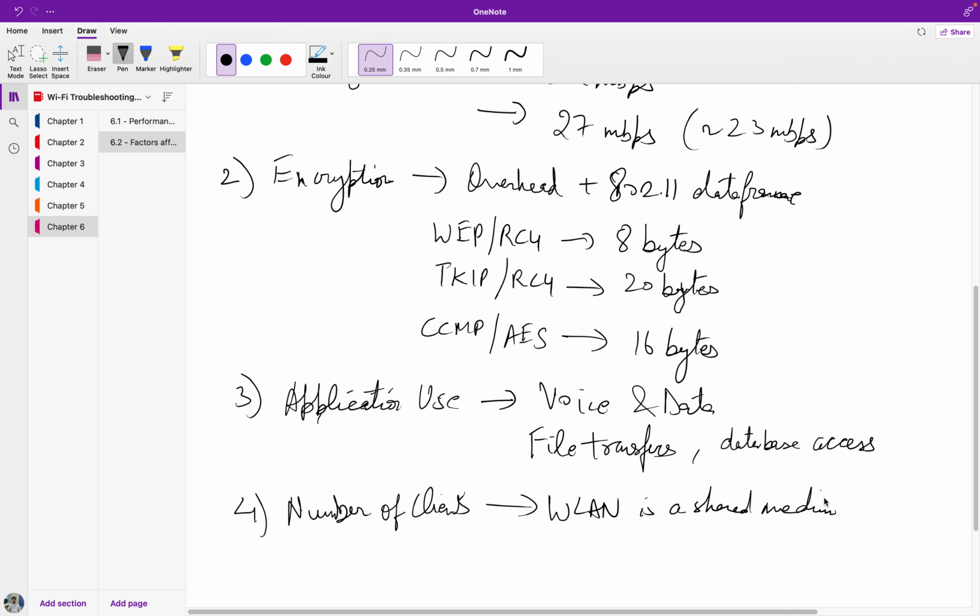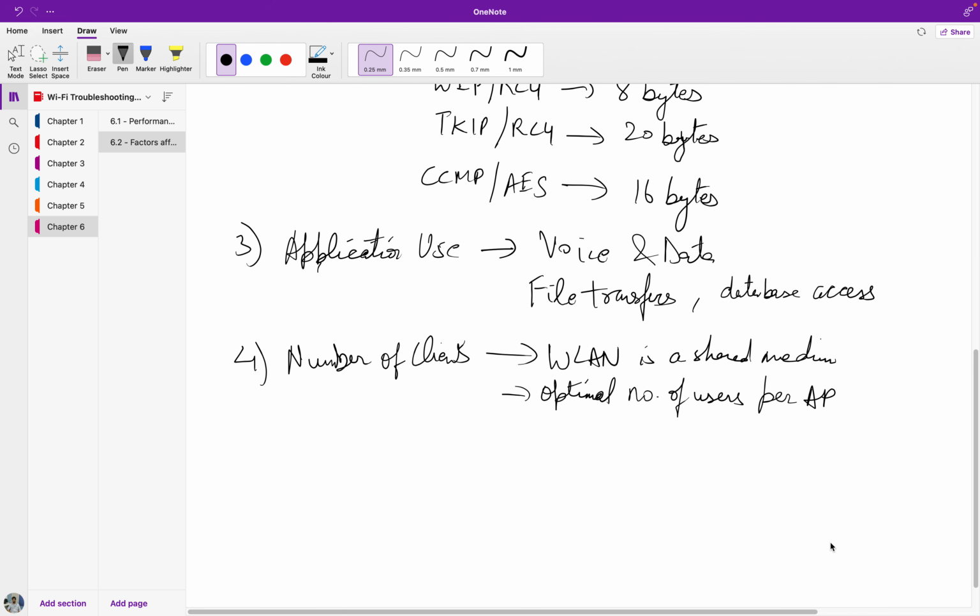The more clients, the lesser the throughput per client. So we want to make sure that we have an optimal number of users per AP, and that is something we want to target. I did explain in the last video how many we should have for voice, data and video. So keep that in mind, and for location it is going to be lesser.